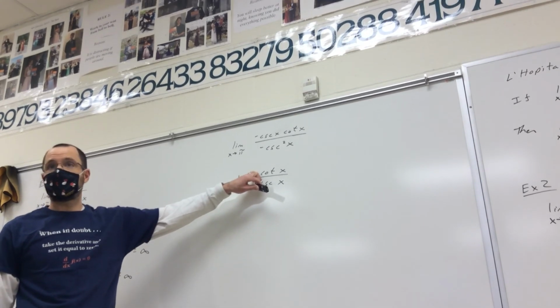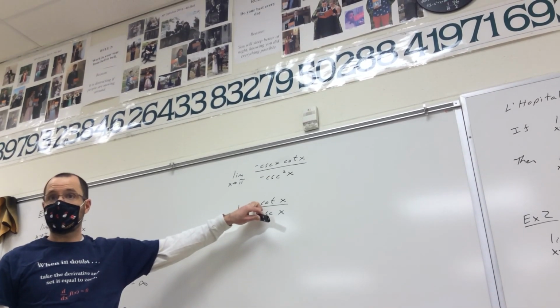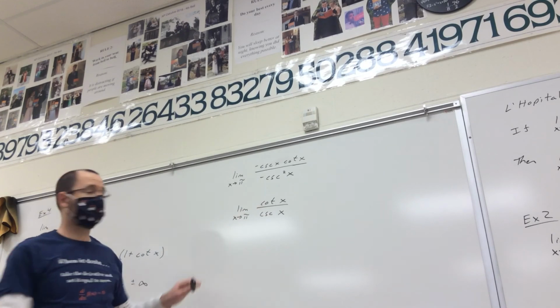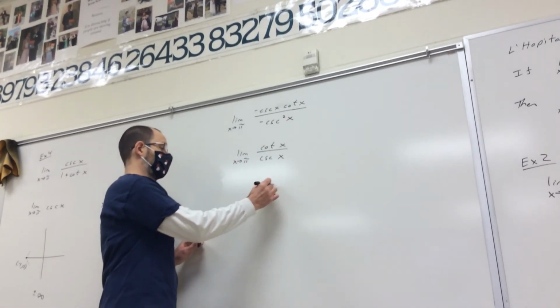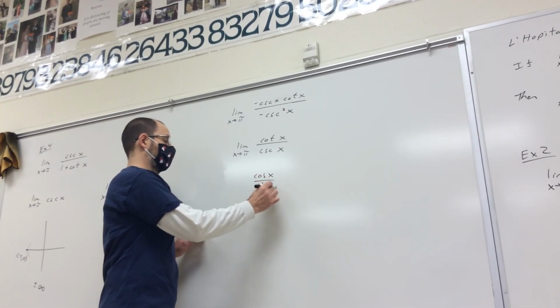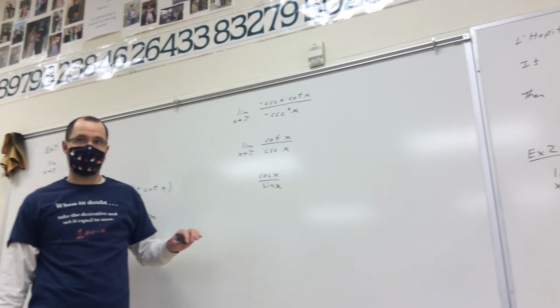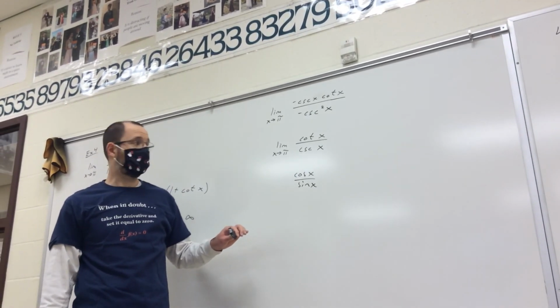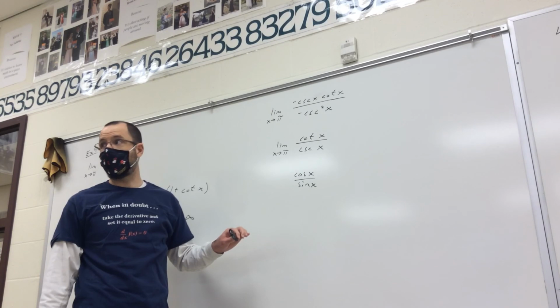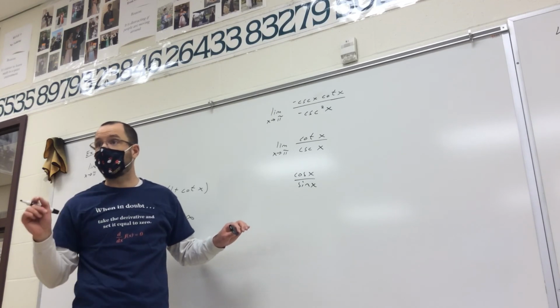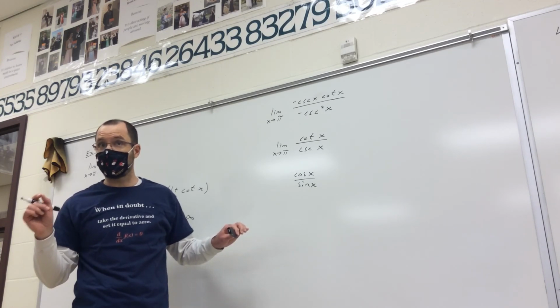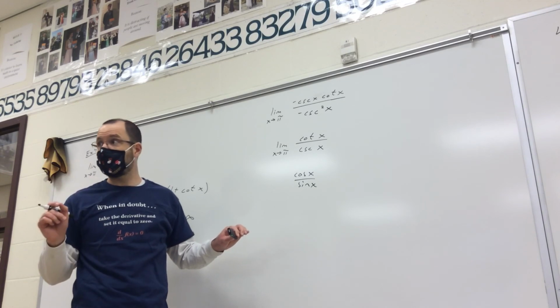Cotangent is cosine divided by sine. Remember, on the unit circle, cotangent is x over y. Tangent is y over x, right? So that means cotangent is x over y.